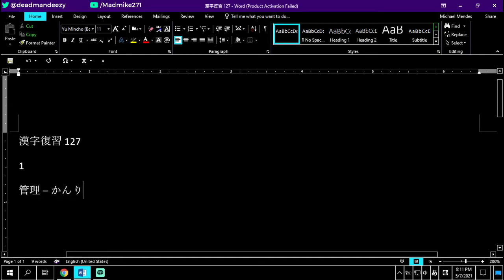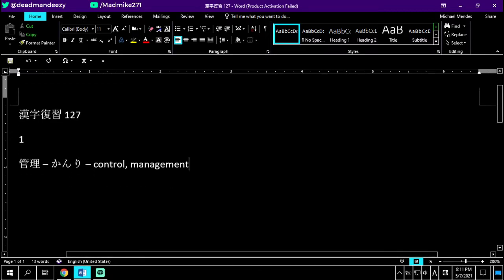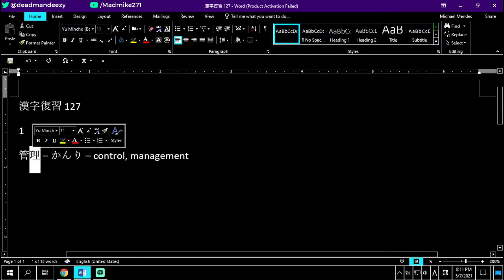Kanri desu. Kanri is control or management. On the right side we have logic or reason.